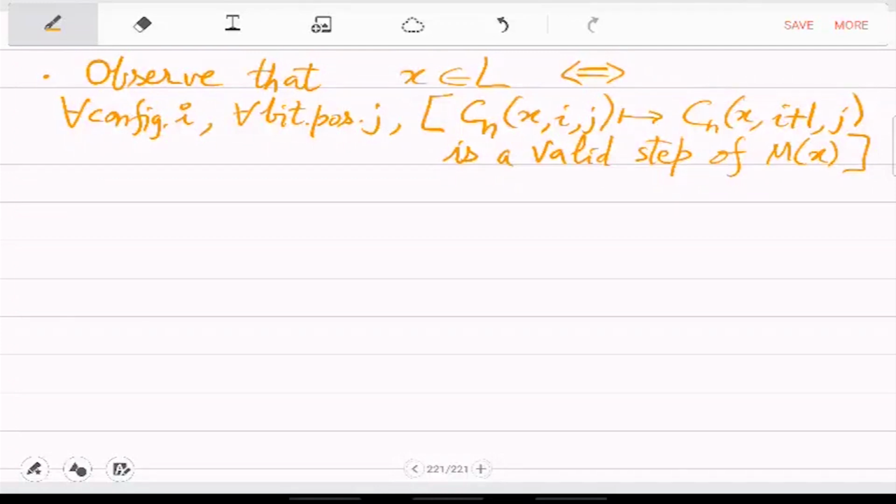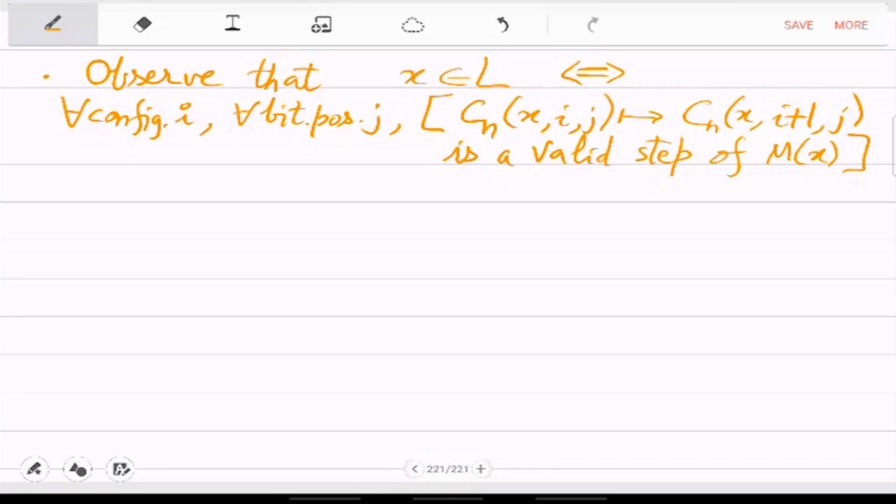Right. So, what we have written here is something obvious. What this for all i comma j is checking is that every possible configuration to the next happened in the correct way, following the finite control of Turing machine M given input x of length n.